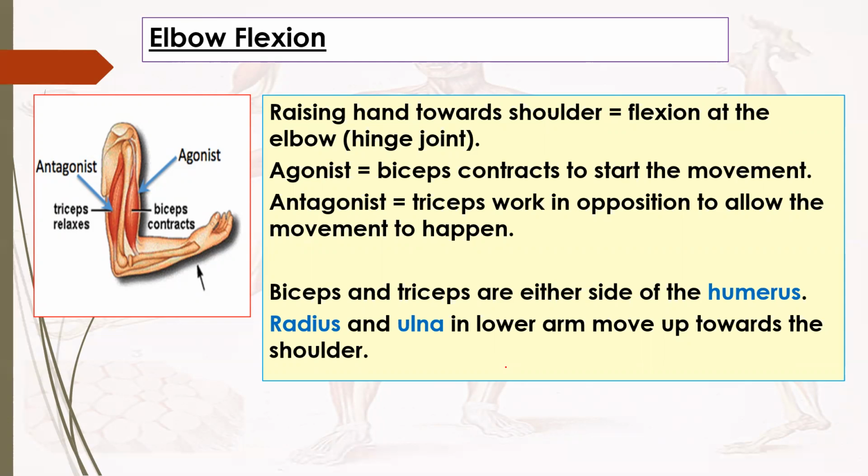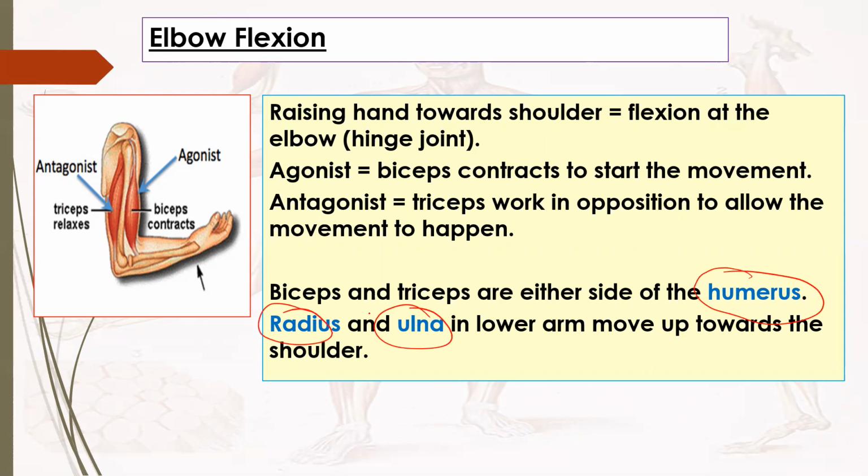The biceps and the triceps are either side of the humerus. So this is where we're bringing in knowledge of the skeletal system. Humerus is the bone that connects shoulder down towards the elbow. The radius and the ulna are the two bones that essentially form the forearm from your elbow meeting up towards your wrist.